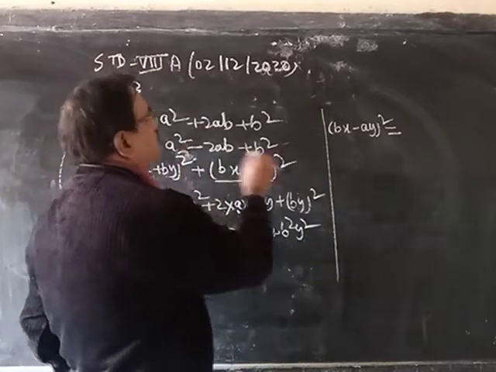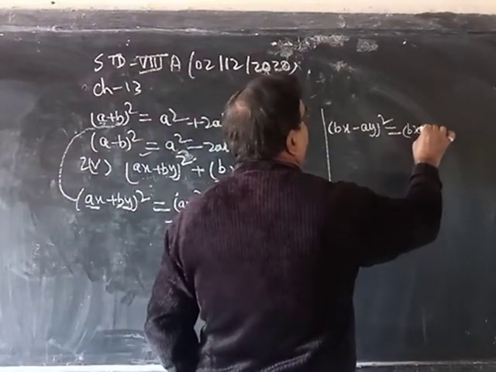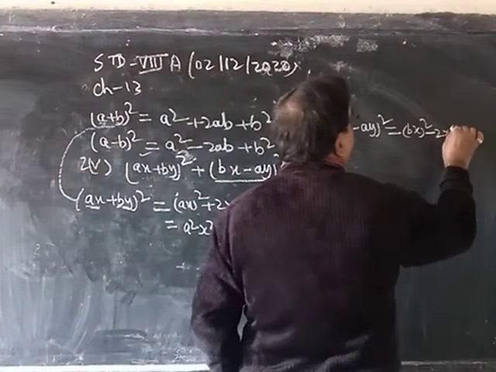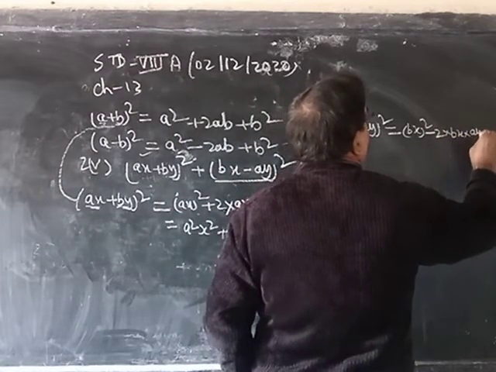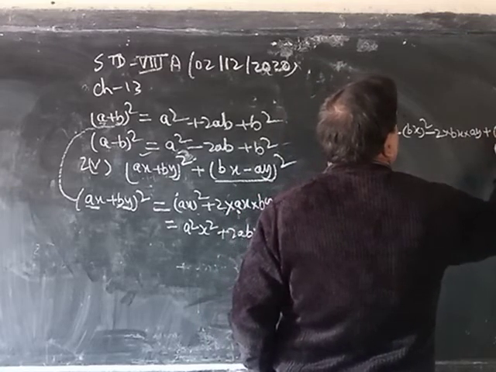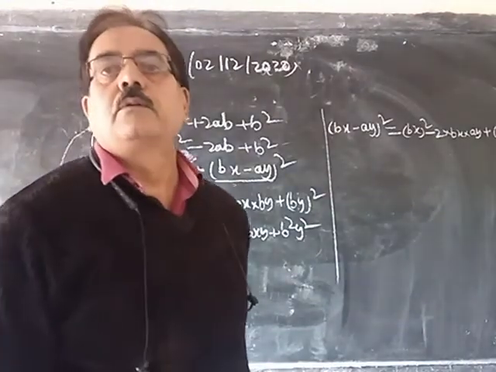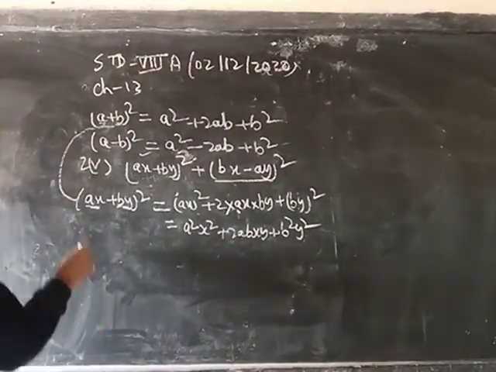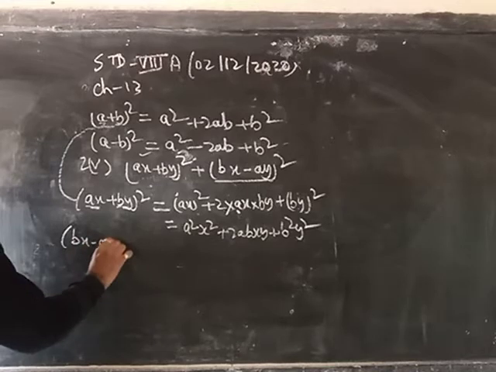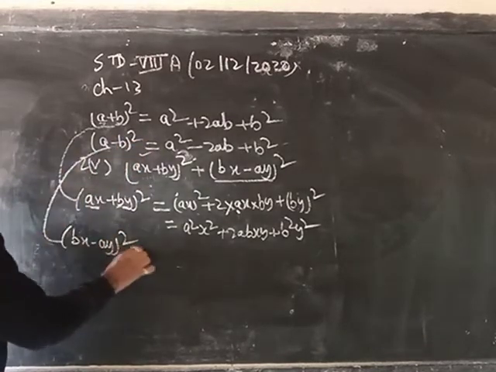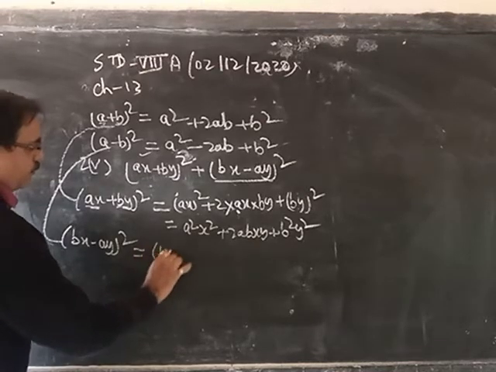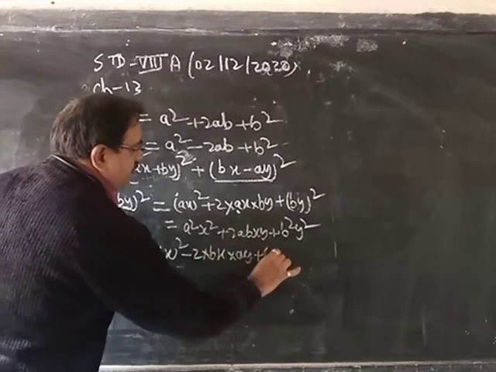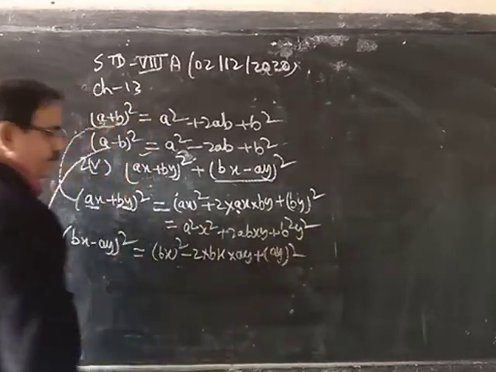So in place of a there is bx: bx whole squared minus 2 into bx into ay plus ay whole squared.